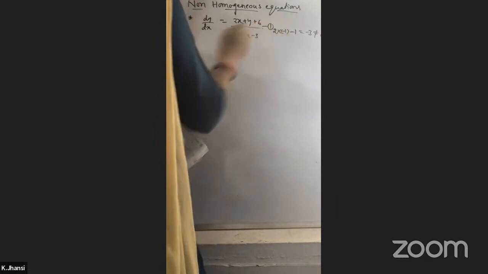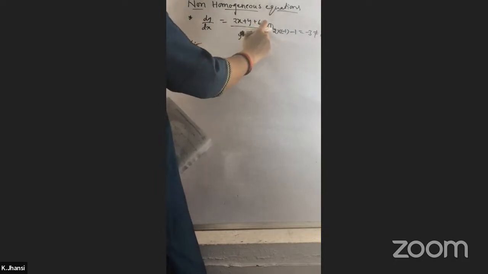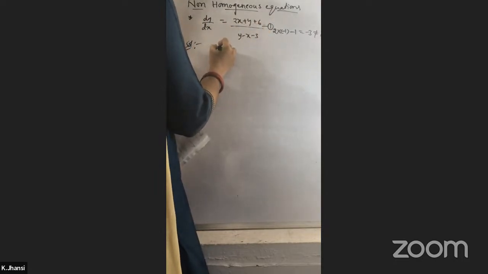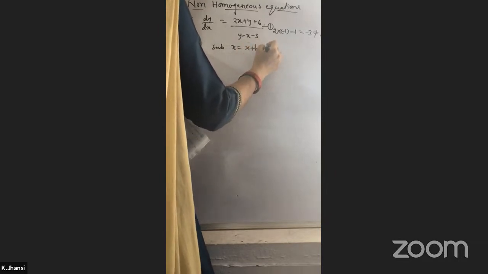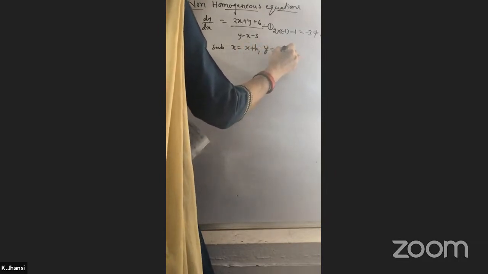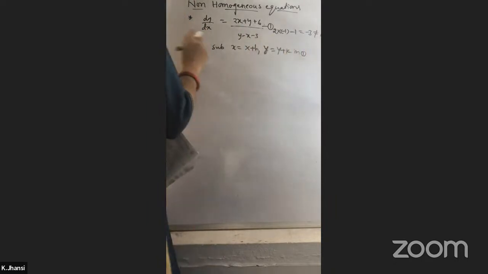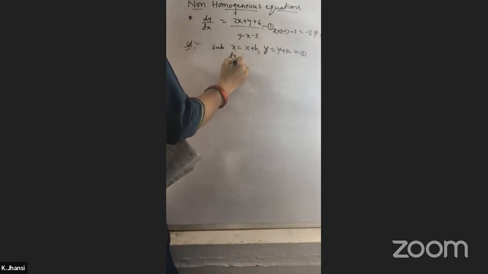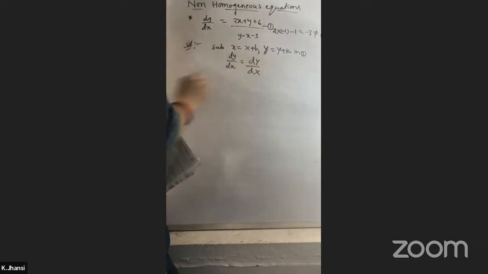So take it as equation 1. In the solution, you will only write this as equation 1. Now substitute small x equals to capital X plus h, small y equals to capital Y plus k in 1. And even small dy by dx is equals to capital dy by dx.